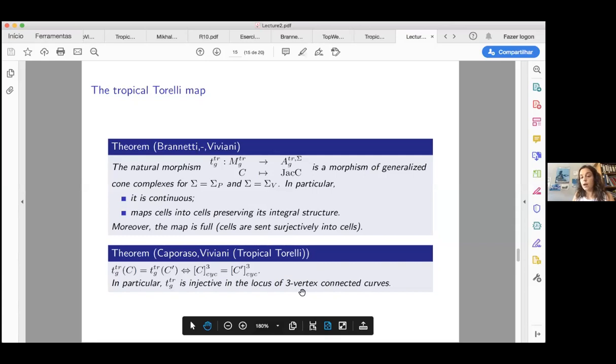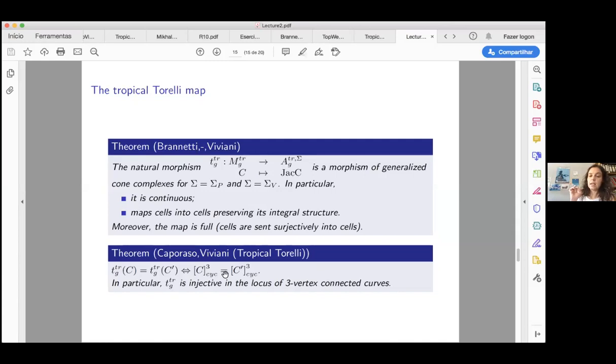Whereas if you are in a locus where your curves are not three-vertex connected, as in the situation I showed before where you have separating edges, for instance, then the tropical Torelli could identify different curves. And when will curves be identified via the Torelli?